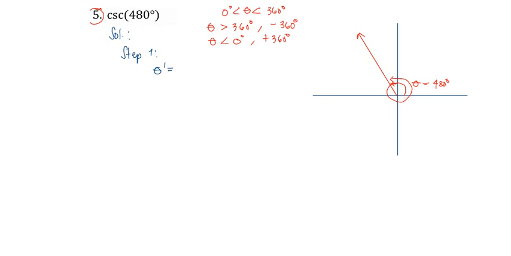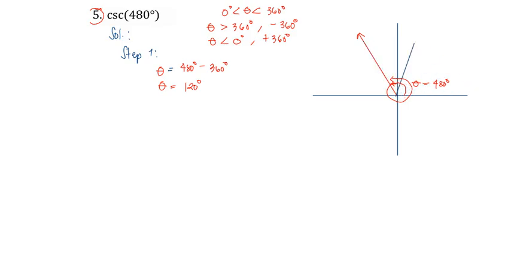So if you do that, that would be 480 degrees minus 360 degrees first. So this is going to be our theta, and theta would be 120 degrees. This is not yet our reference angle. Remember, this is our coterminal. So I discussed the last time what is a coterminal angle. Coterminal angle natin is an angle that have the same terminal side with our original angle.